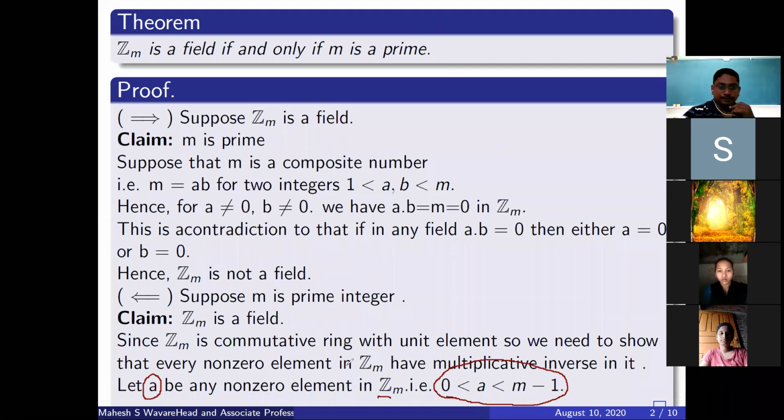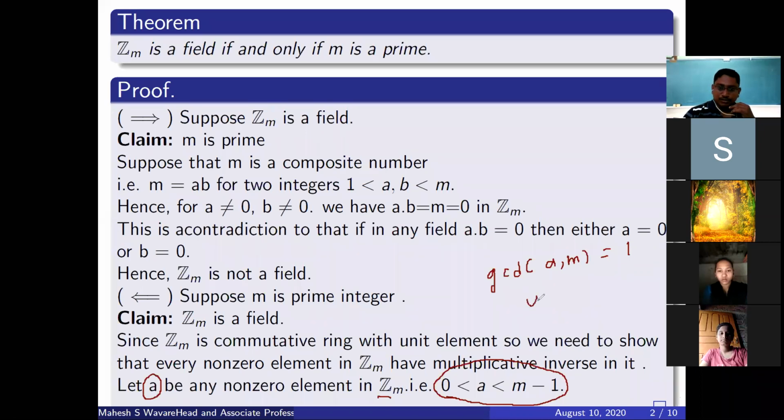We want to show that the element has a multiplicative inverse. Easily we can show that if m is a prime number, then what is the GCD of a and m? Keep in mind the condition on this a. It is always 1. And by Bezout's result, a linear combination of these two objects must be your GCD.